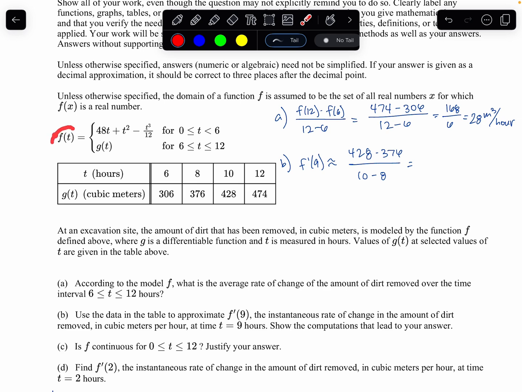So you can see the relationship here. So f of t is going to be equal to g of t from 6 to 12, and g of t is differentiable. Therefore, g of t is continuous. So we're continuous on the interval. We just have to make sure that we're continuous at t equals 6.